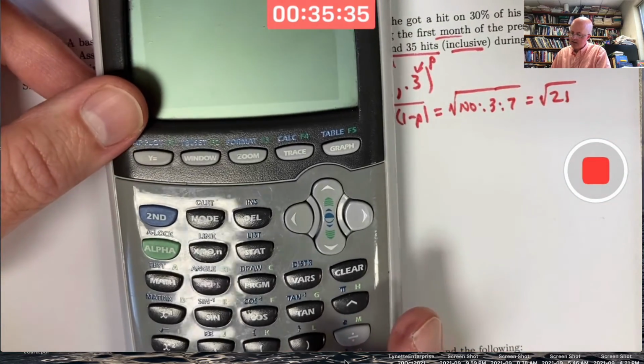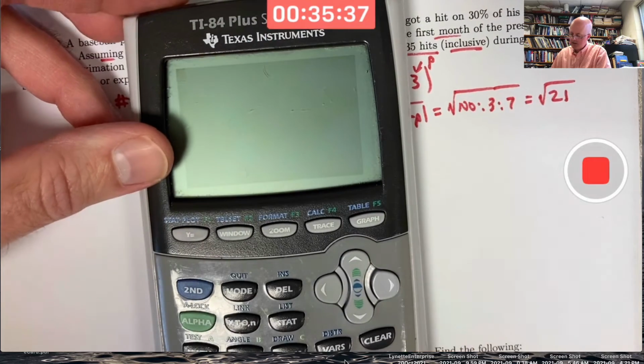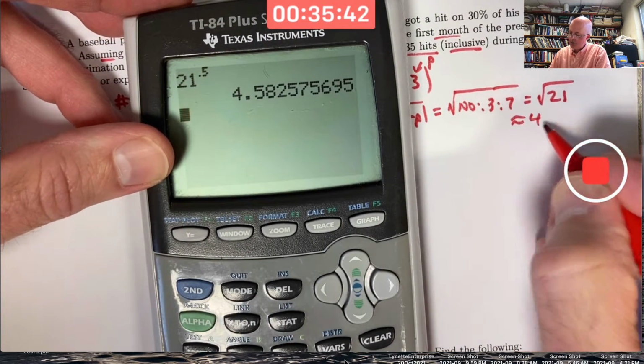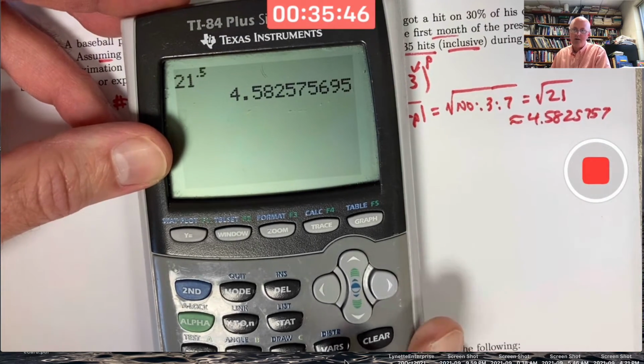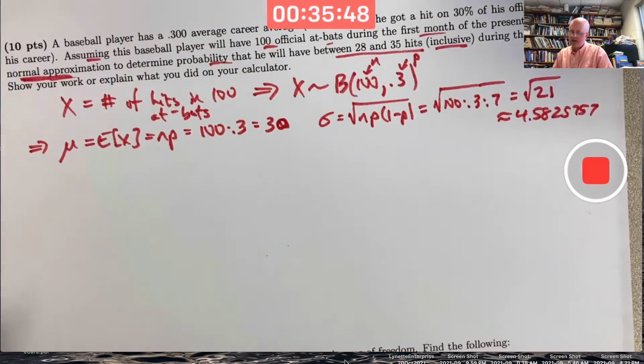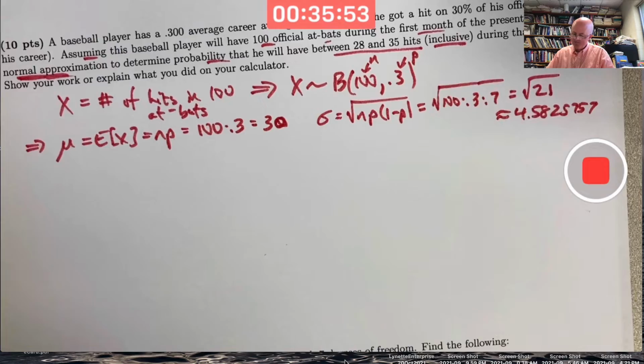Yes, that'll be 21. The square root of 21 is about 4.582577. I'll use a fair number of decimal places and only round at the end. It's probably overkill, but oh well.